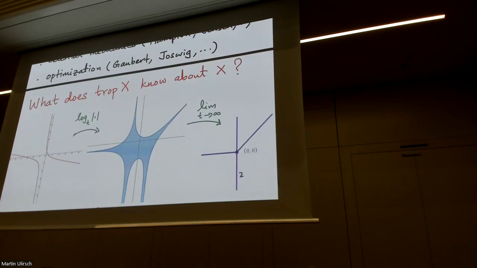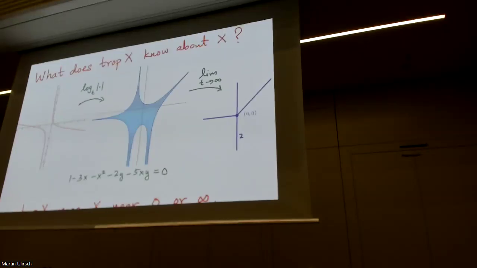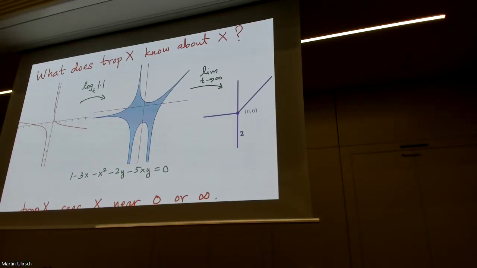So now let me go back to looking at tropical geometry more closely. What does the tropical variety know about the original variety? I already said that it knows about the dimension in the complex case. In the real case, you get a bound on the dimension. But let's look at another example. Let's look at this amoeba. What do these infinite rays in these amoebas signify? As we have seen, this ray, for example, comes from the neighborhood where the x coordinate is near 0, near this point.